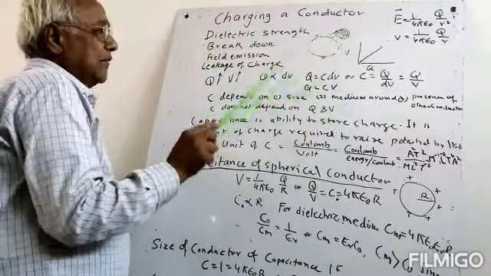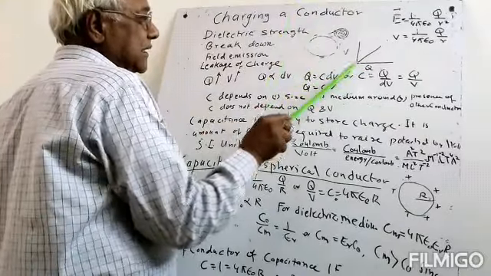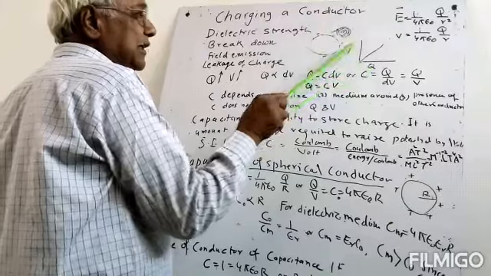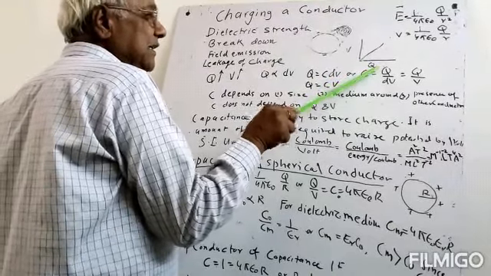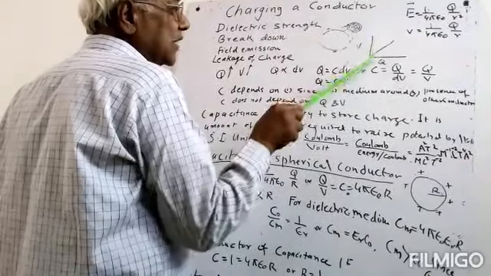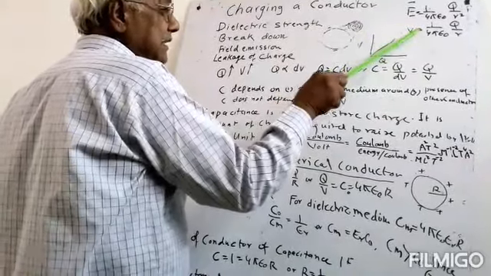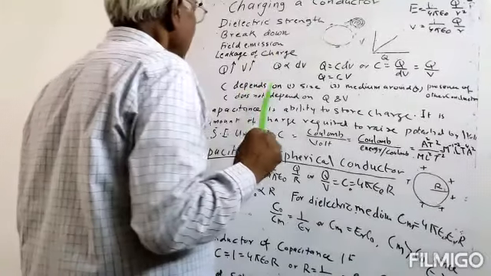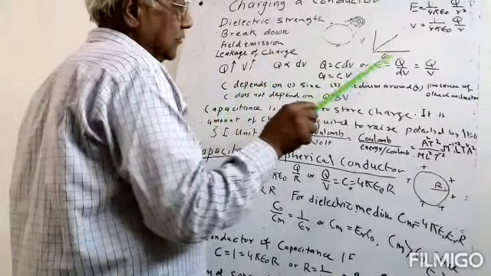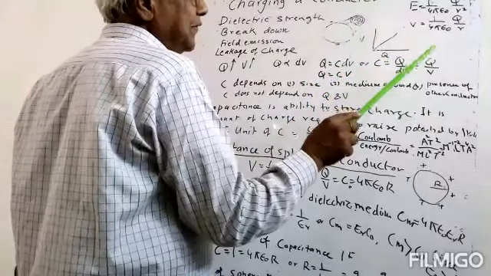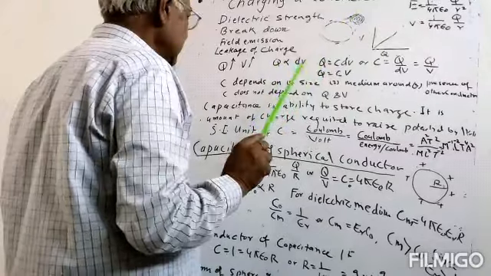So if you plot the graph between Q and V, it is a straight line passing through the origin: when Q is equal to 0, V is equal to 0. And as we increase Q, V increases linearly. So the value of C will not depend upon Q and V, but it depends upon these three factors.